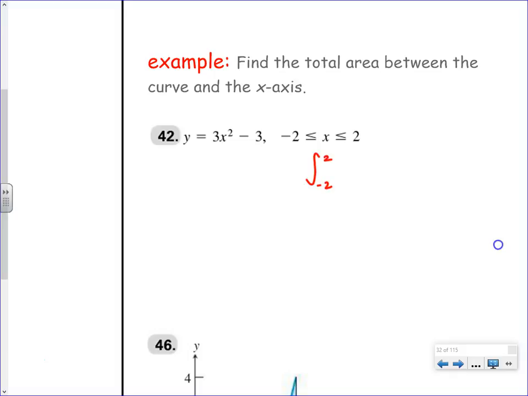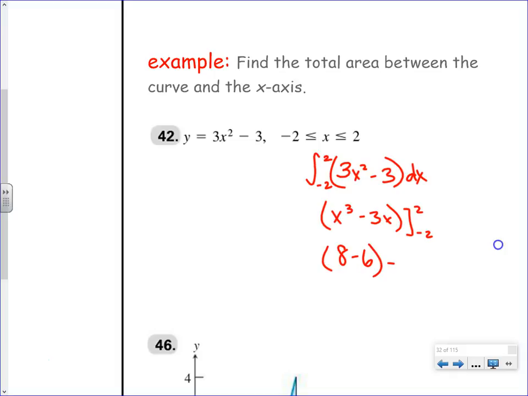So then between -2 and 2, 3x squared minus 3, and then we go ahead and do our little dx thing, and then we go ahead and say that's x cubed minus 3x, -2 to 2, and then we end up plugging in 2, and we get 8 minus 6, all minus -8 plus 6, and we end up with 0. Just kidding. It wouldn't have been 0. It would have been 16 minus 12, which would have been 4.